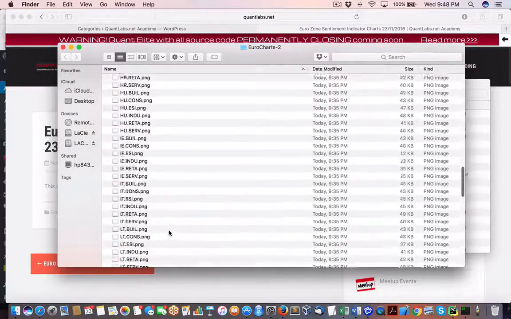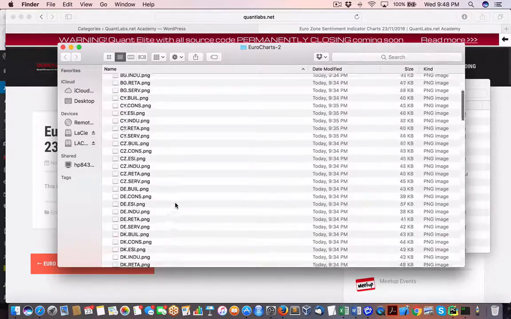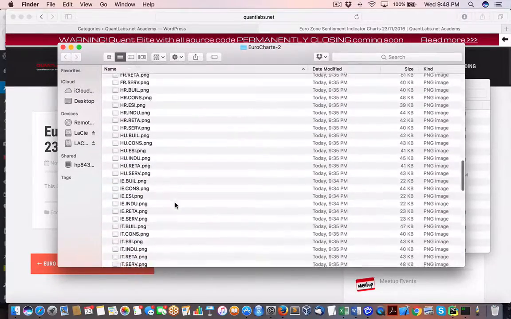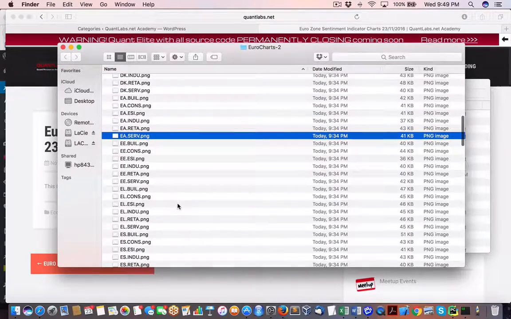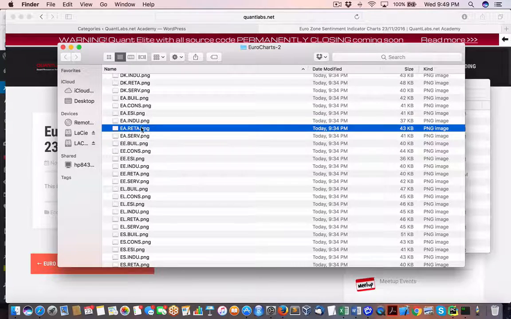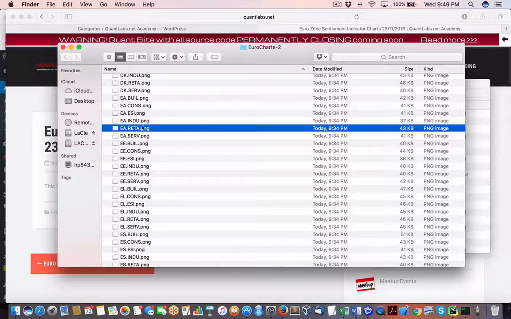Now, this set of charts is generated from a newer script than the one I've demonstrated before. My original one used to give signals on the overall, let's say if you were to bet on or forecast the retail market, the RETA.